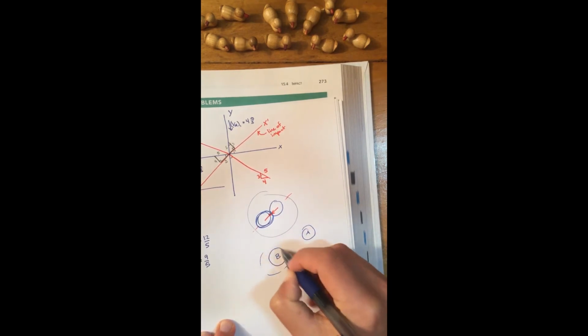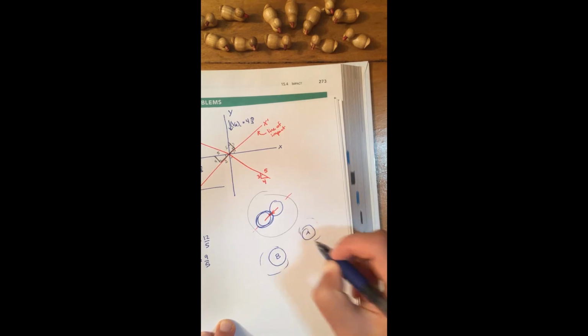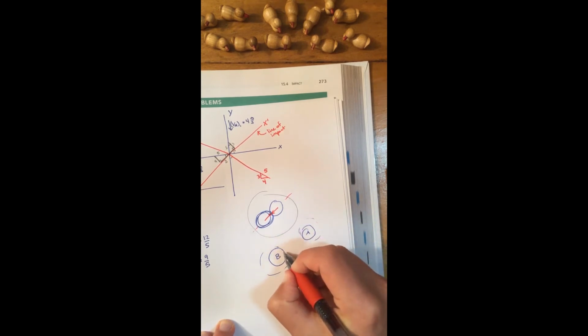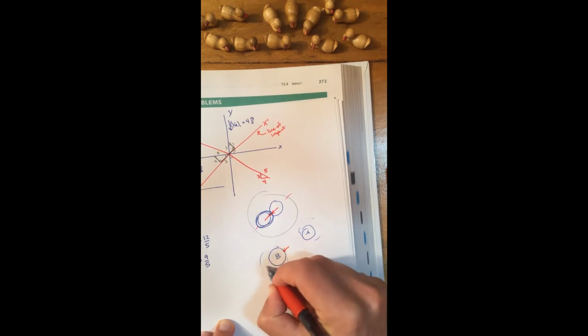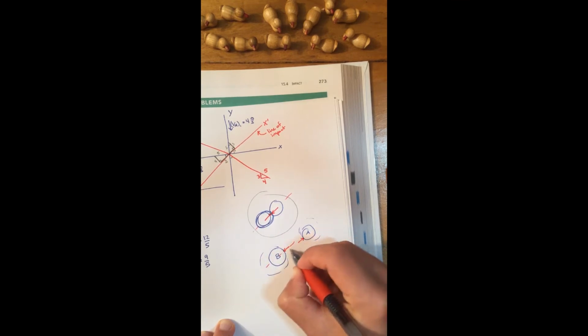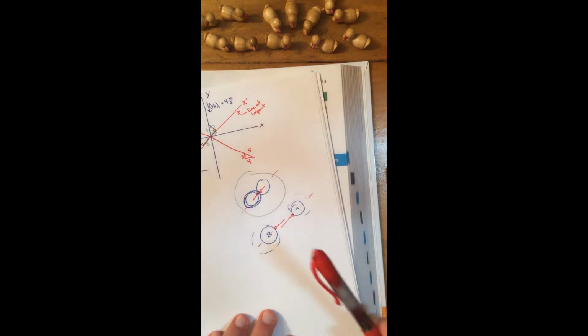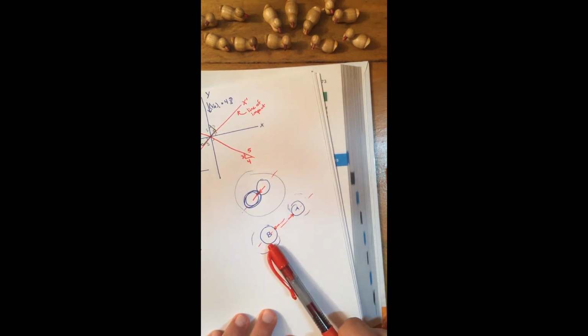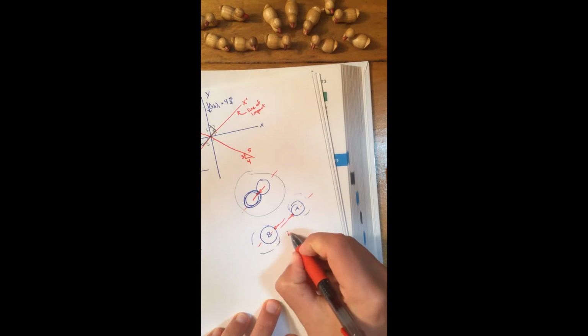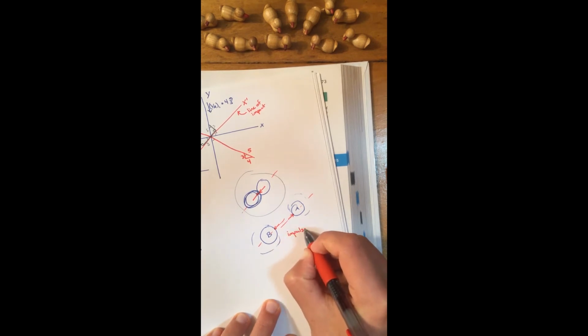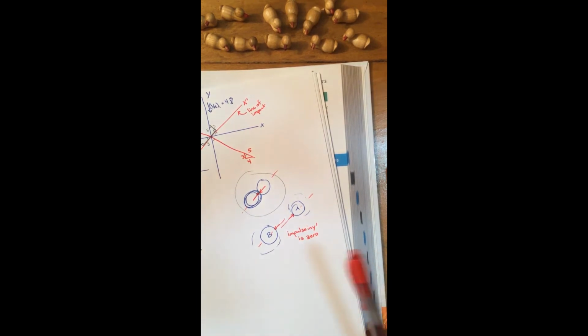and if I make my system just puck B or just puck A, during the collision, I have a force acting on B along the line of impact. I have a force acting on puck A along the line of impact. But looking at just puck A or just puck B, the impulse in the y prime direction is 0. So the force is only in the x prime direction, so there's no impulse in the y prime direction.